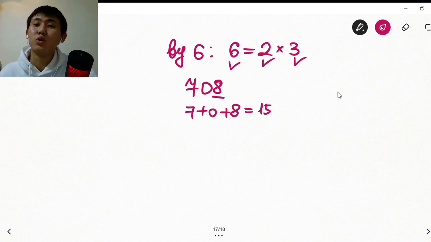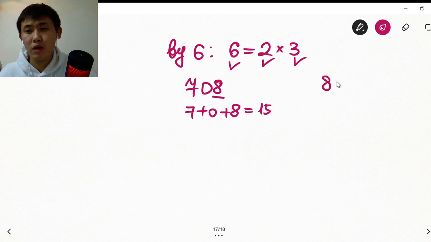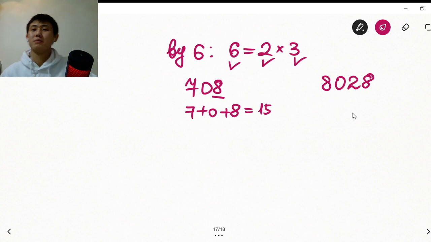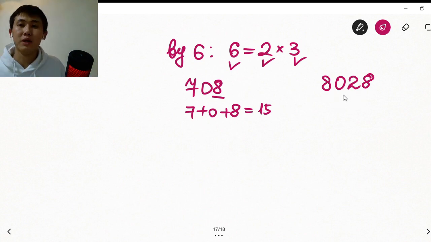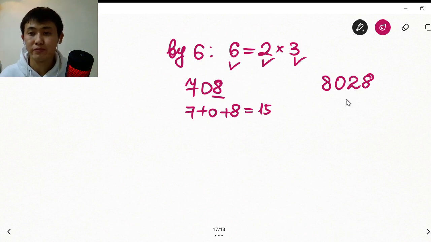Or we can say the next example is 8,028. Is it divisible by 6 or not?